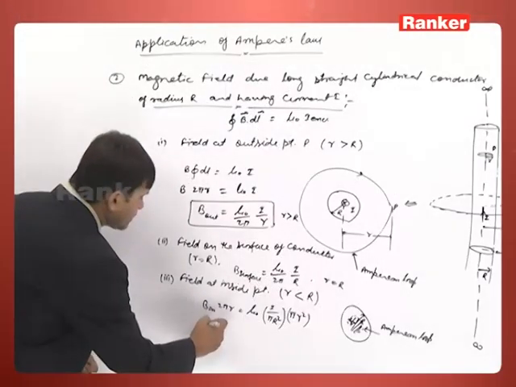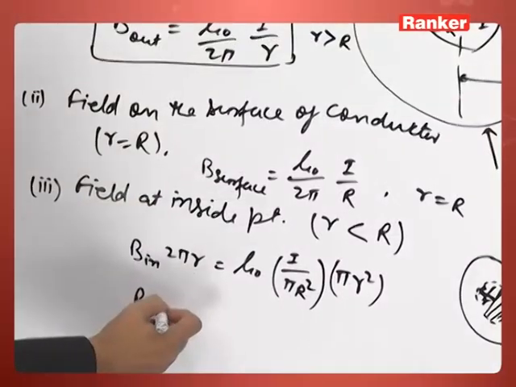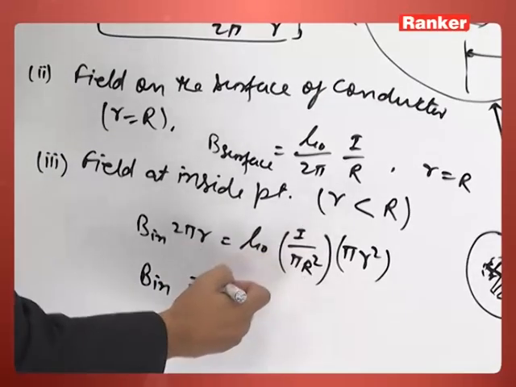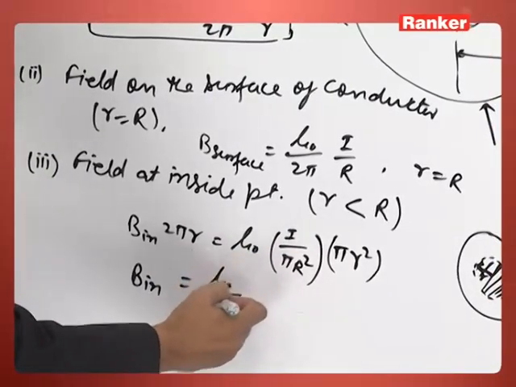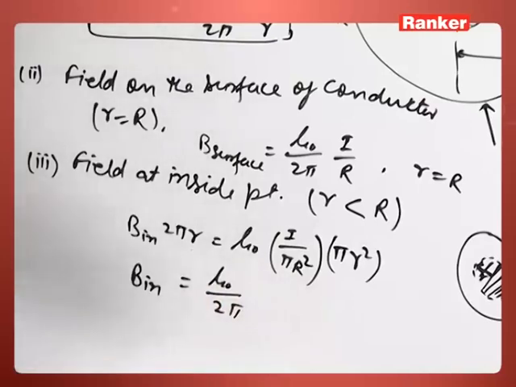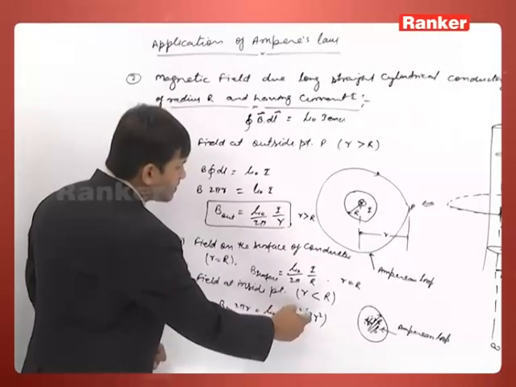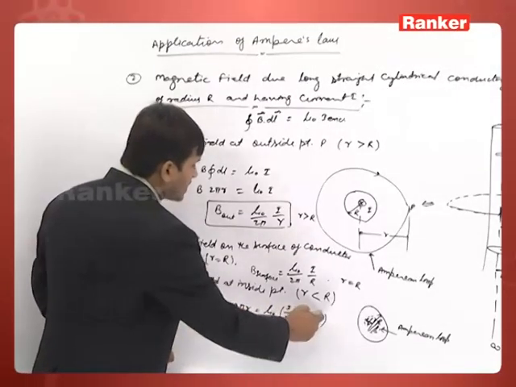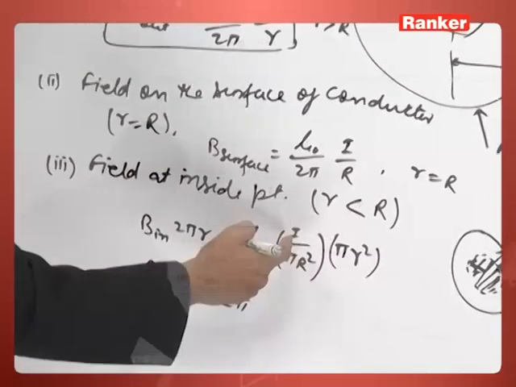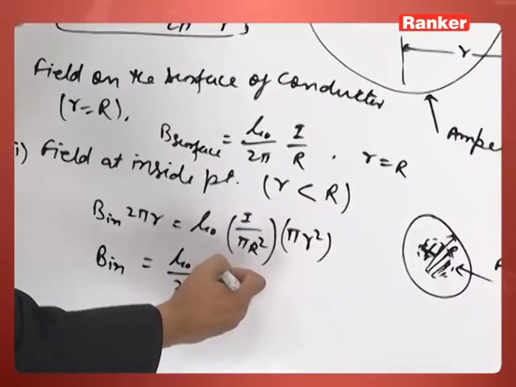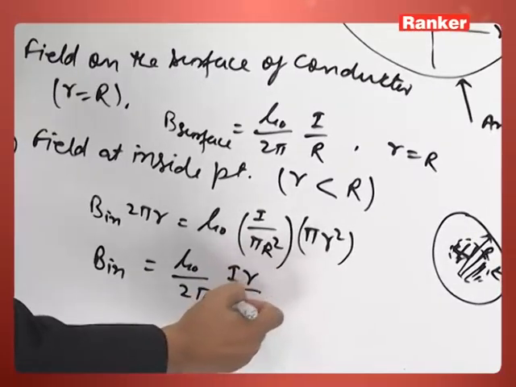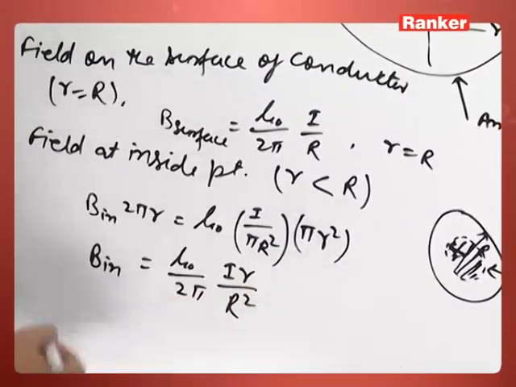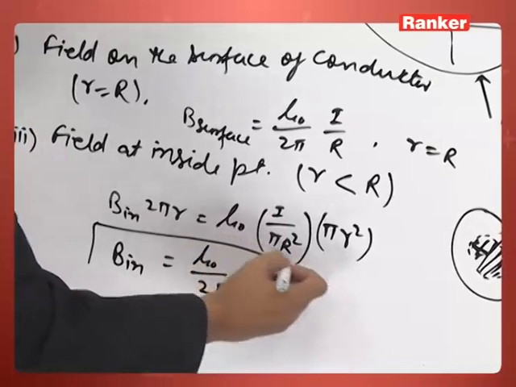So now we can simplify B inside equals mu naught by 2 pi. Pi and pi cancel, one r and one r cancel here. So this leaves only I into r by R square. So this is for the inside point.